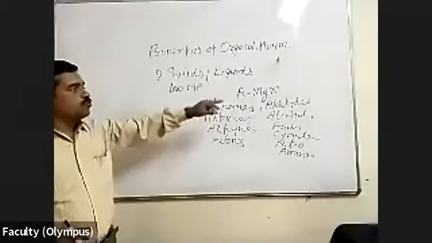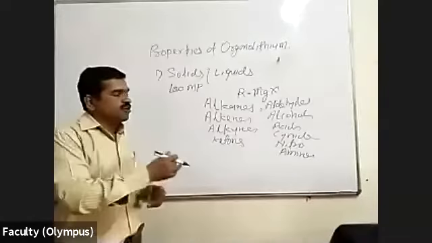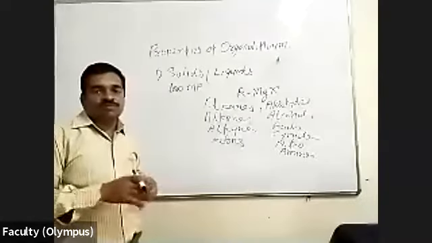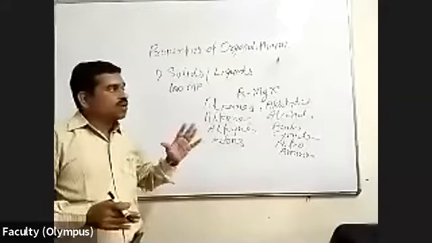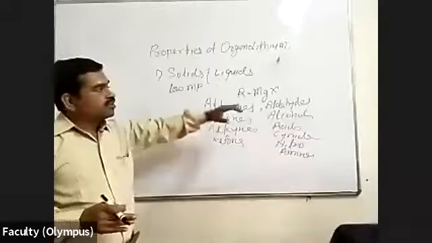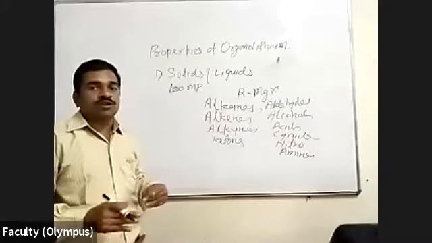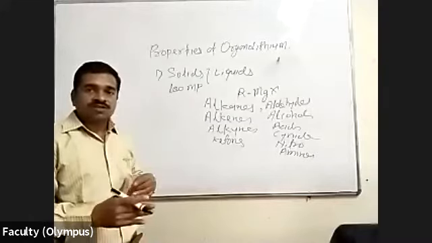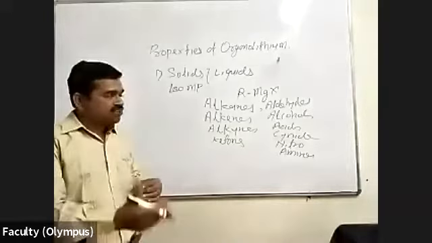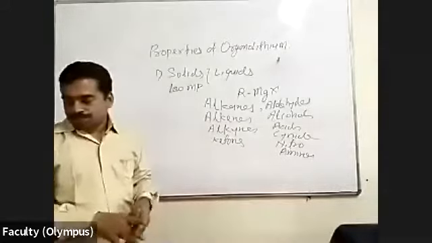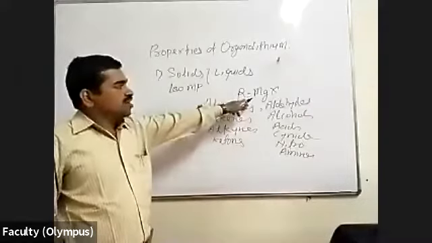That's why there is a Nobel Prize for the invention of the Grignard reagent in the field of organometallics. We have seen in our first lecture that up till now, 5 Nobel Prizes were awarded for research in organometallic compounds. These organometallic compounds are most important in synthetic organic chemistry, in catalysis, and in medicine also.